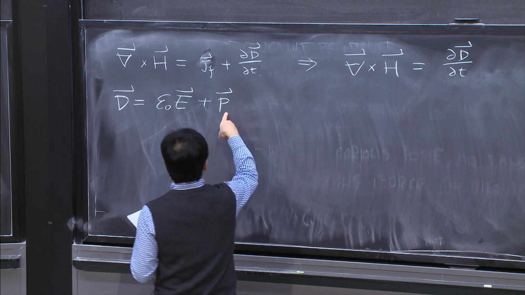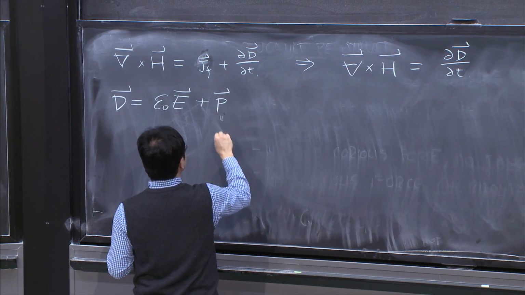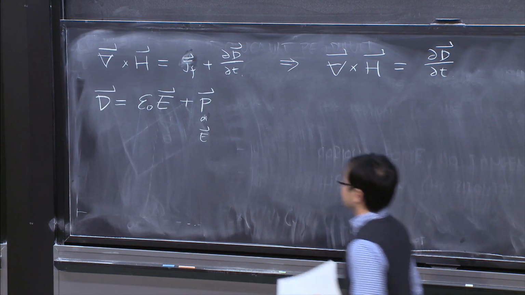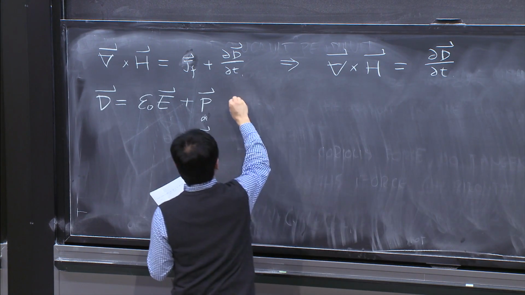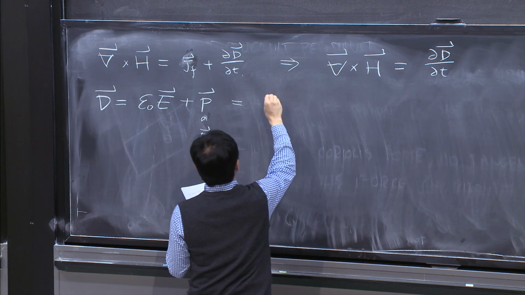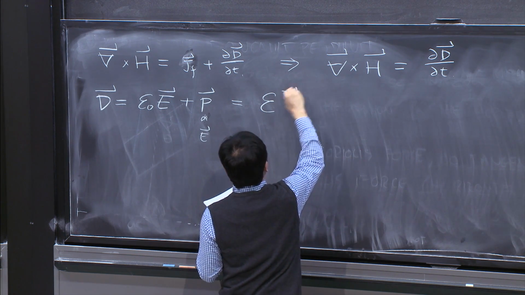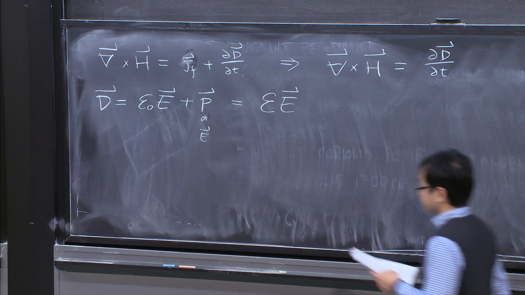So if this polarization is proportional to the electric field, I can immediately write down that the D field is some kind of constant epsilon times E, okay?